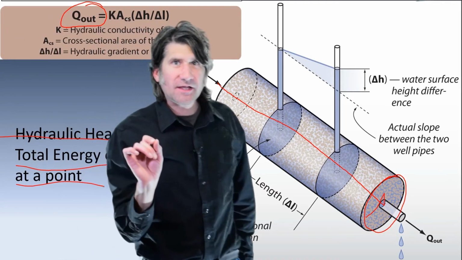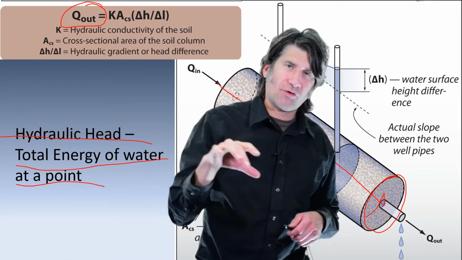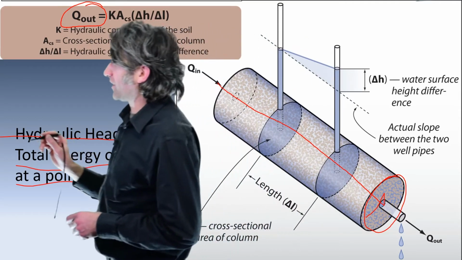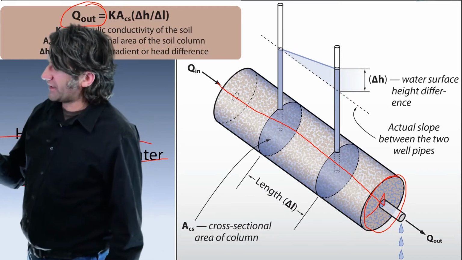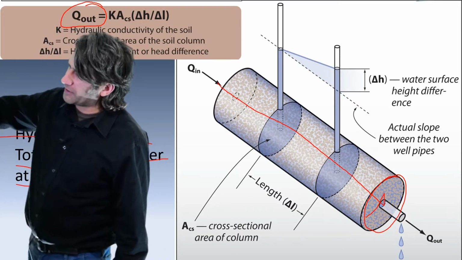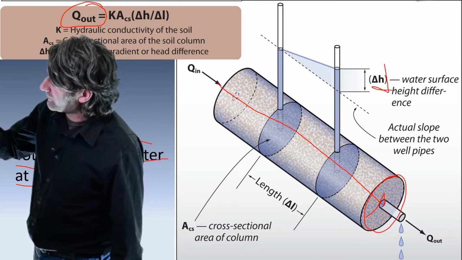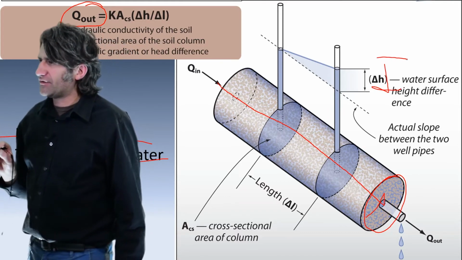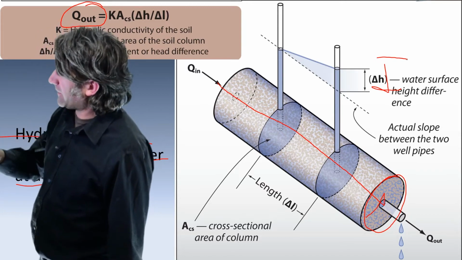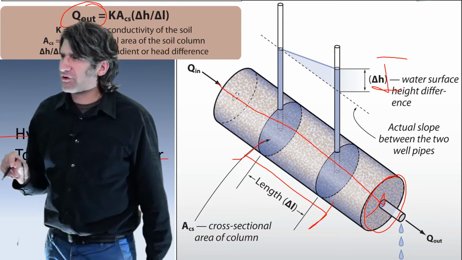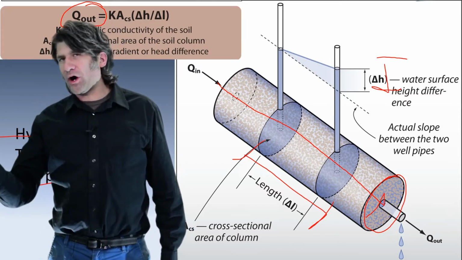When we're talking about how water is going to move through the soil, it's not necessarily the total head that's important, but the change in hydraulic head between two points. Here, as we go down in elevation, we're losing head. This difference in hydraulic head, and the distance over which we lose it, is going to determine how quickly that water is moving through the ground.